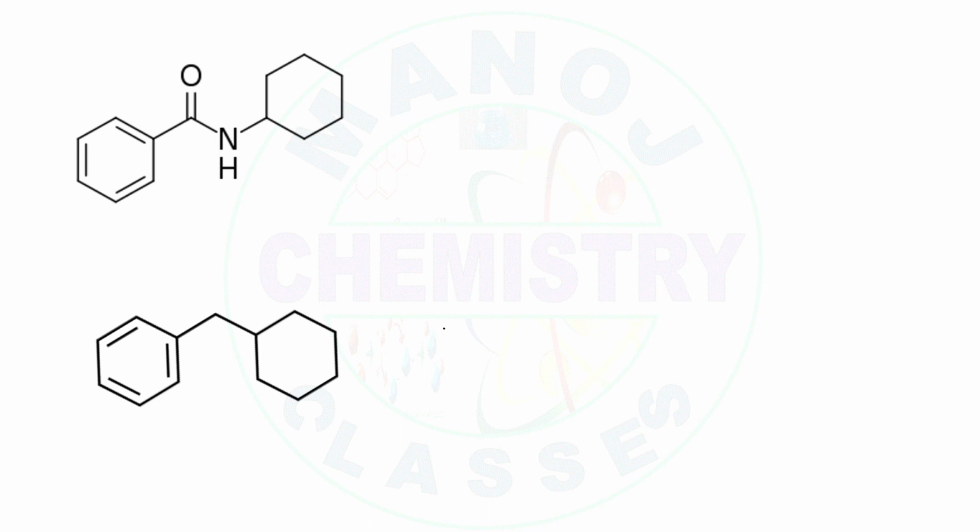Here also 6 possible products, as we discussed earlier. This one is 1, this one is 2, this one is 3, this one is 4, this one is 5, this one is 6.